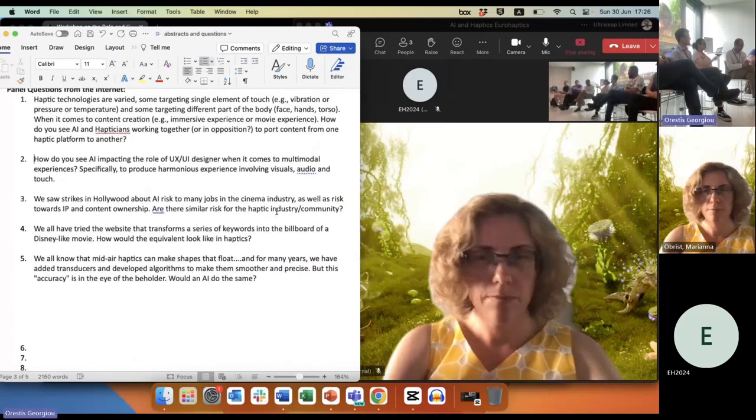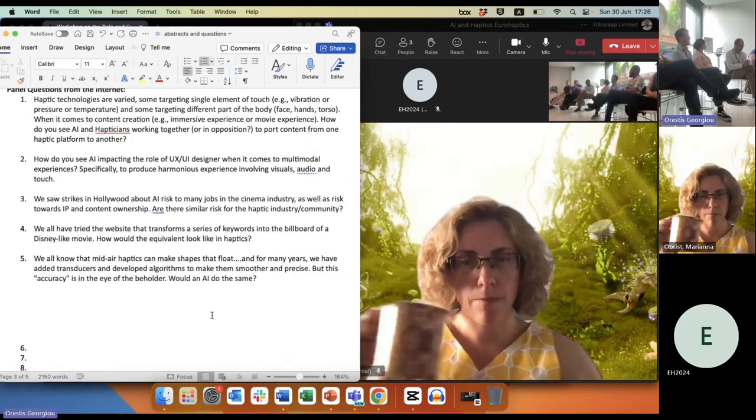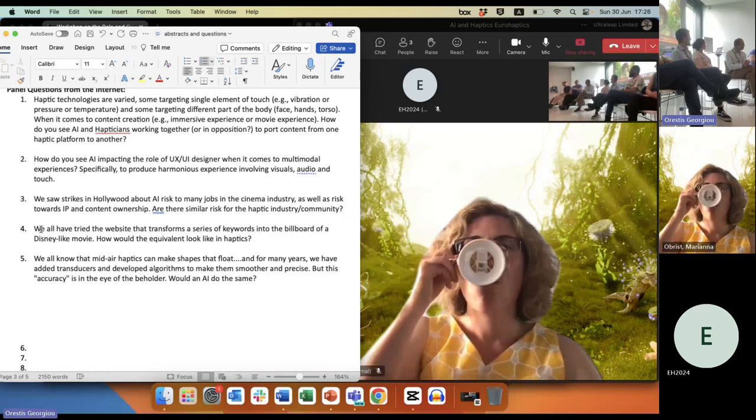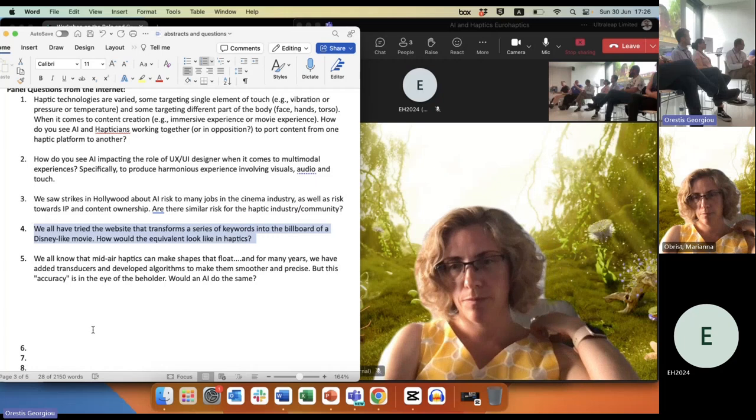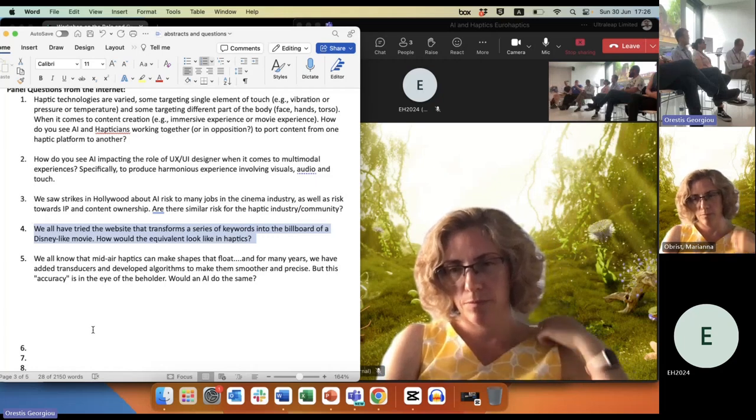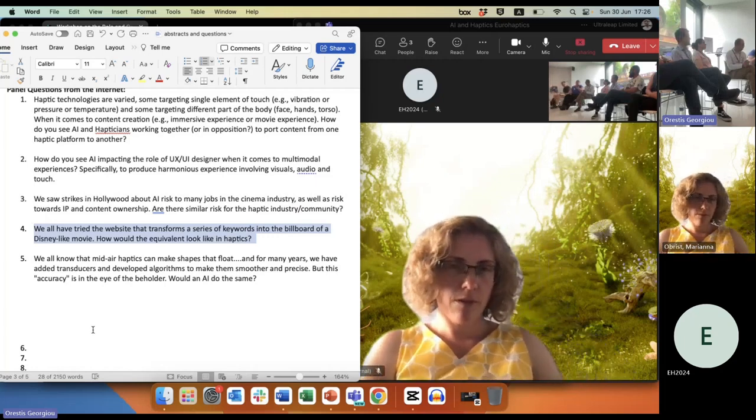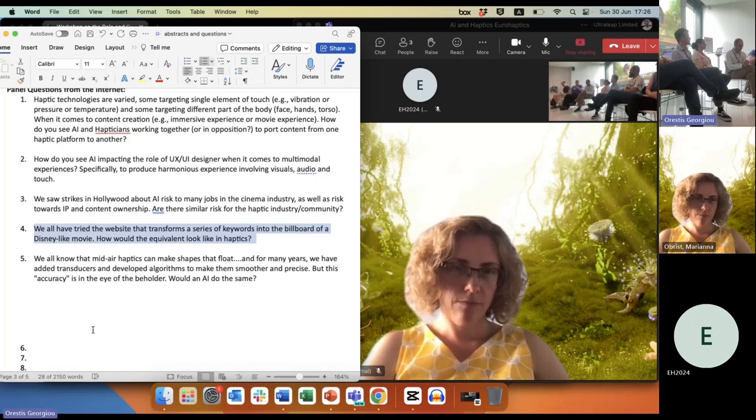So that kind of gets back to what we were talking about at the end of the last question, then would be needing to have the match between language and haptics, to be able to describe something and then have it generate an equivalent haptic sensation.